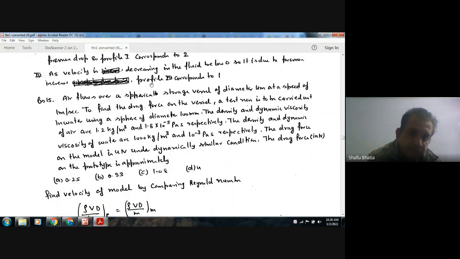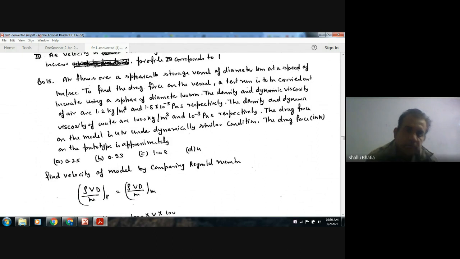Density and dynamic viscosity of water are 1000 kg per meter cube and 10 to the minus 3 pascal second, respectively. Drag force on the model is 4 Newton under dynamically similar conditions. The drag force in Newton on the prototype is approximately: option A 0.25, B 0.93, C 1.08, and D 4.